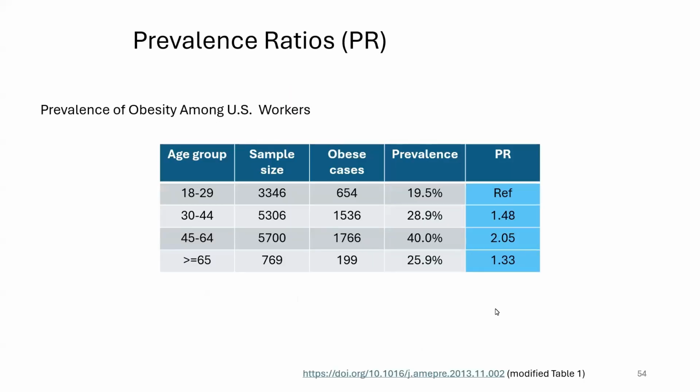So here we can use the prevalence ratio to calculate across a number of groups. If we wanted to look at obesity among those age 30 to 44, we would take the number of obese cases divided by the total population. To calculate the prevalence here, we would take the group of obese cases out of that sample size.